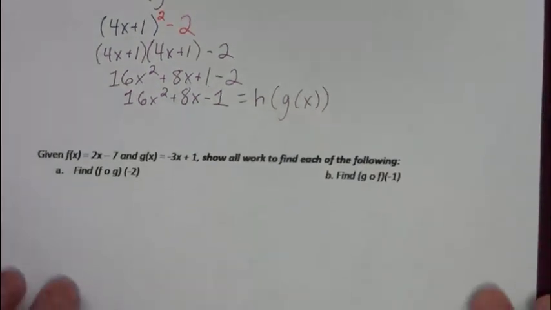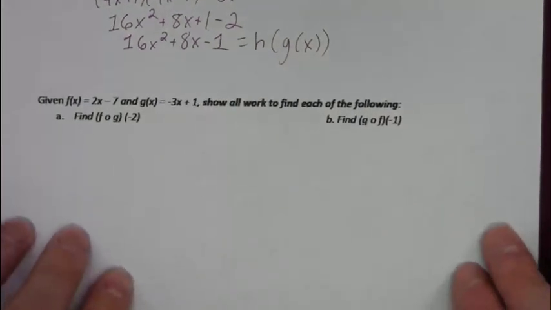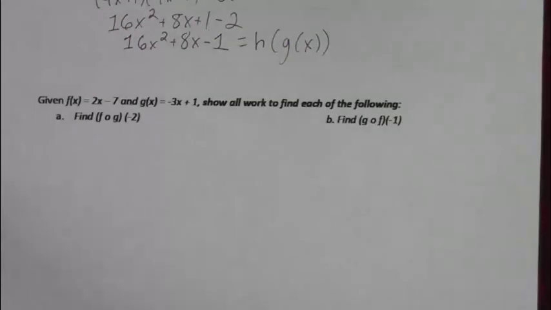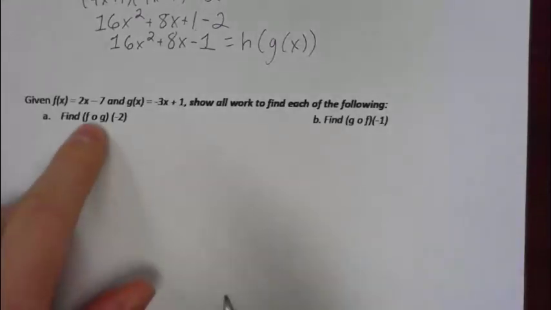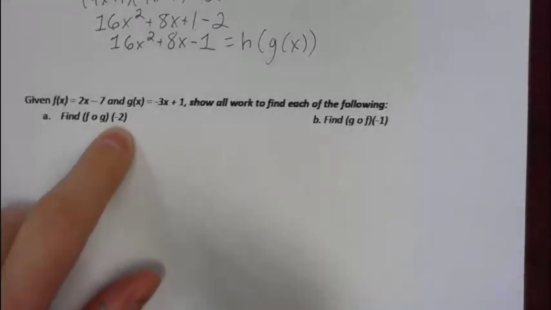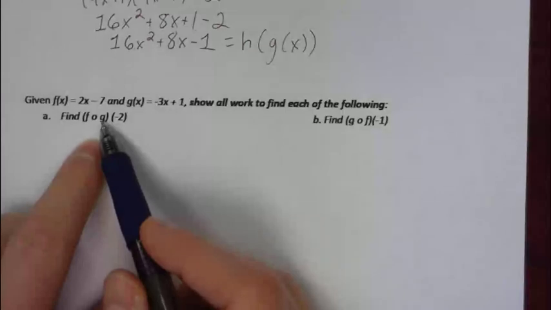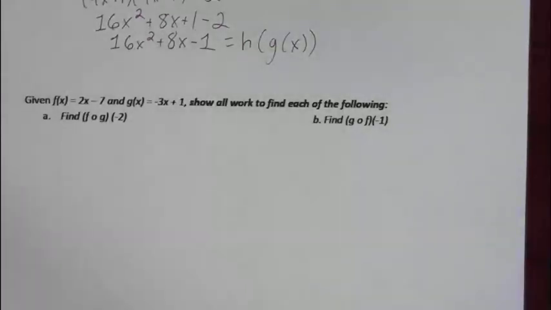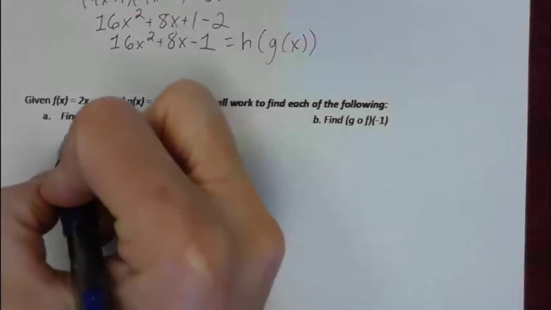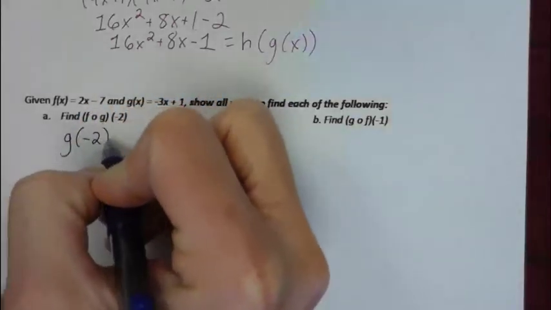To finish this video, we are going to be looking at how we can evaluate composite functions, which is actually an easier process than what we just finished doing. So now if I'm going to do f of g of negative 2, basically I'm going to enter in negative 2 into g, get an answer, and then use that answer to put into f. So first I would do g of negative 2.